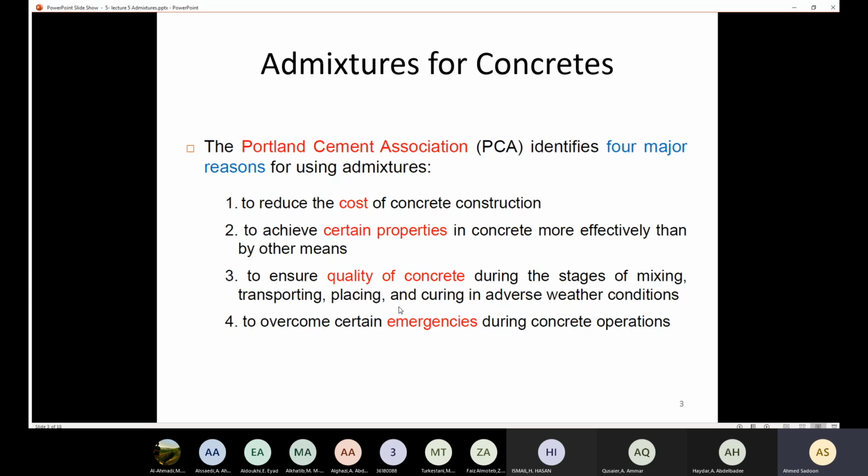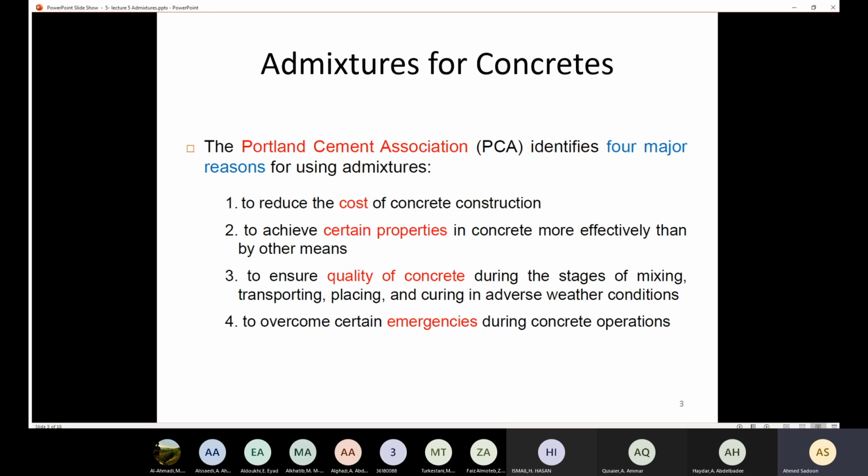Then when the concrete becomes solid, we start the curing process. We need to maintain the hydration process by many methods so that the strength of the concrete is going to increase by days.